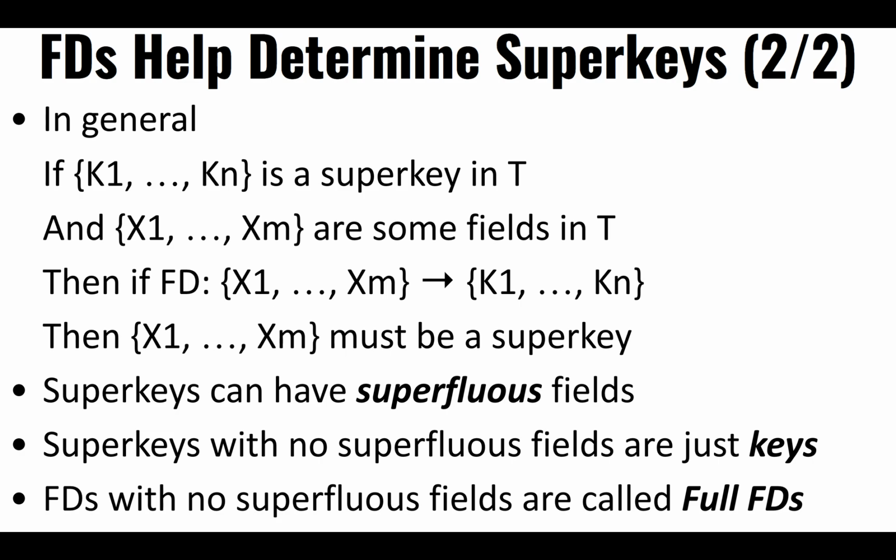Formally, we can say that we have a combination of keys that imply certain other fields. That tells us those fields should not just be fields; they should be part of the super key. And ideally, you would identify certain fields in those super keys that you might not need, that are superfluous, and you can drop them from the super key and keep only the key.